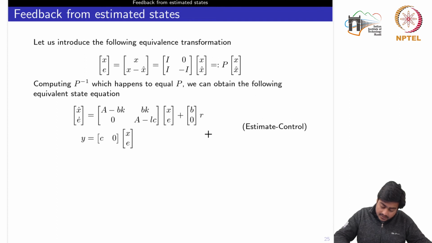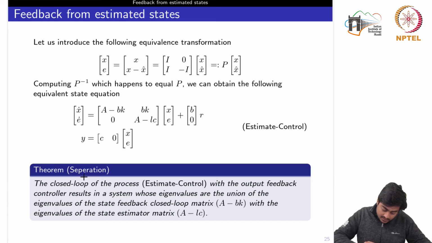Okay, so this representation is basically equivalent to the representation we had seen in the last slide, which was in terms of x tilde. Okay, so now after using this transformation, many things have been highlighted, so we can see one by one.